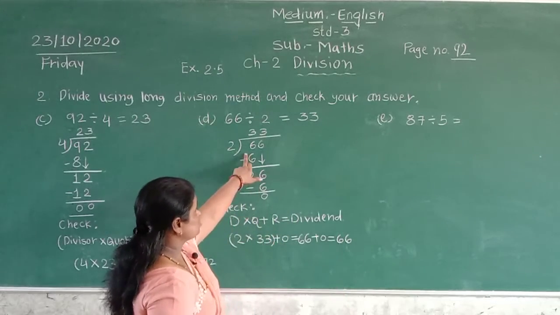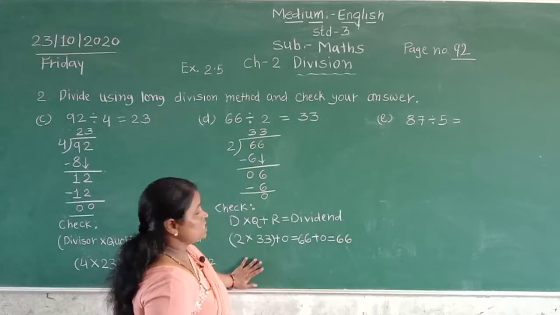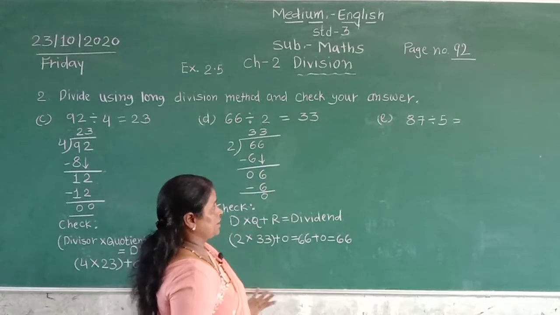So here also 66, here 66. So our division is correct.